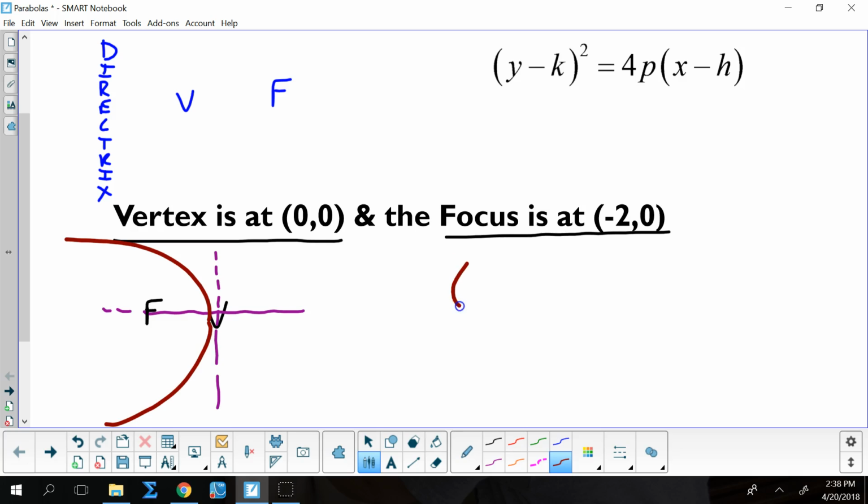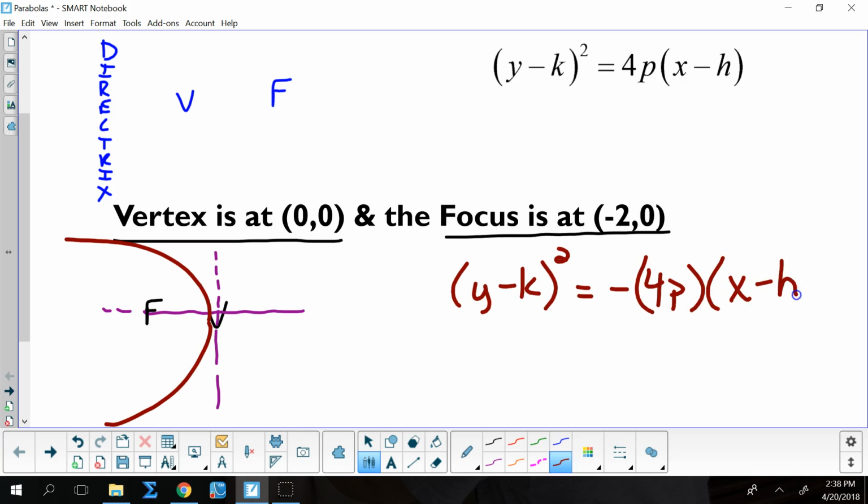The equation for a left opening parabola is (y minus k) squared equals some negative number, and we'll call that negative number 4p, times (x minus h). I already know this is h, this is k. I just need to find this p value. Well, that p value is the distance from the focus to the vertex. The distance between those 2 points is 2, so p is 2.